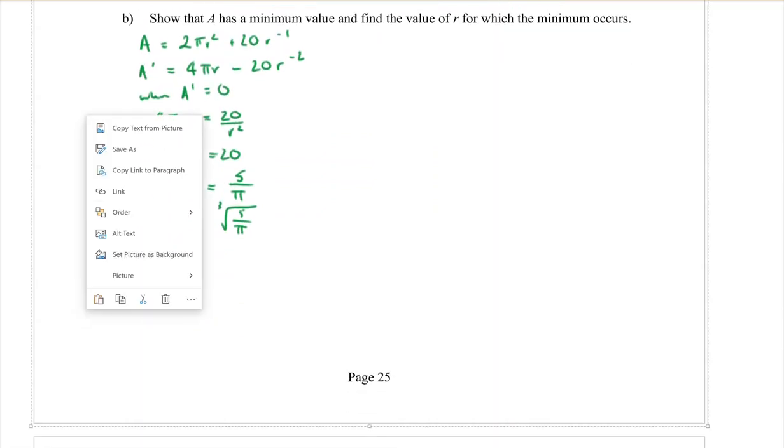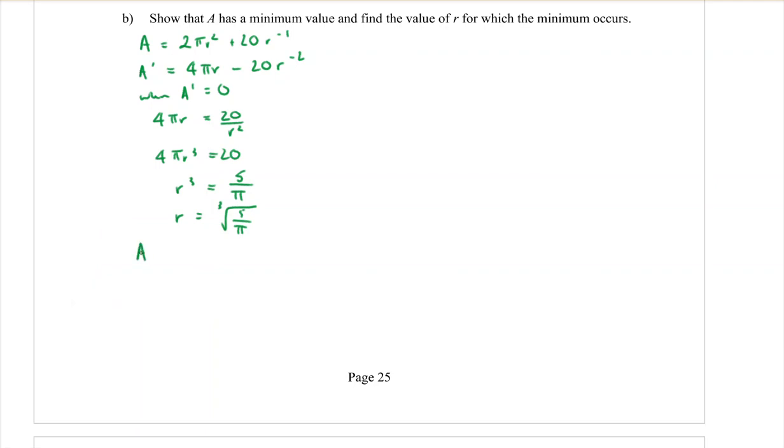Very true. So the second derivative, a double dash, equals, from looking up here, 4 pi r, differentiating that will be 4 pi. Second term, bring the negative 2 down, times with the negative 20, we'll make a plus 40 r to the negative 3.